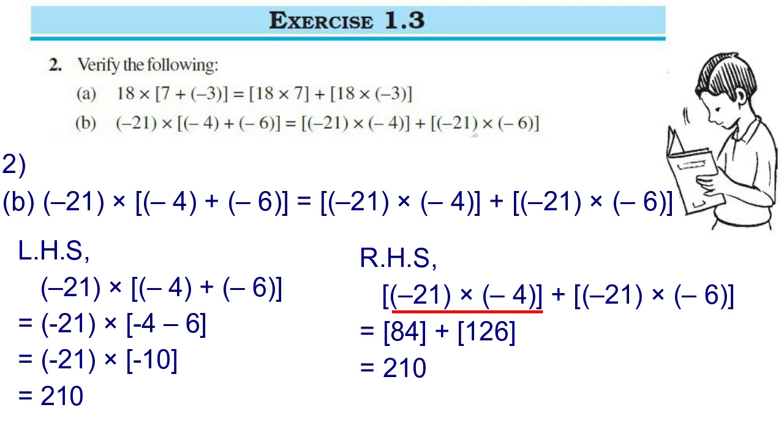So plus 84. And go to the next part, minus 21 into minus 6. So minus into minus equal to plus, and 21 into 6, 126. So 84 plus 126 equal to 210. So LHS equal to RHS, proved.